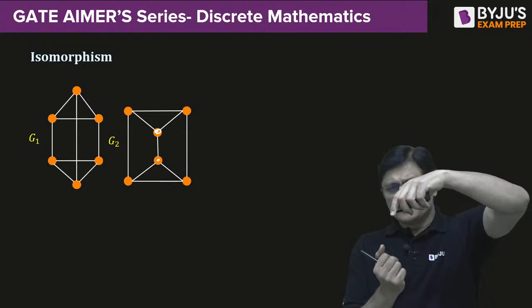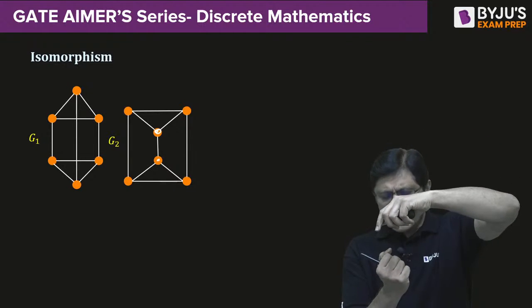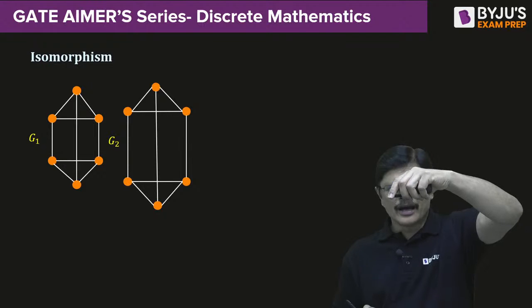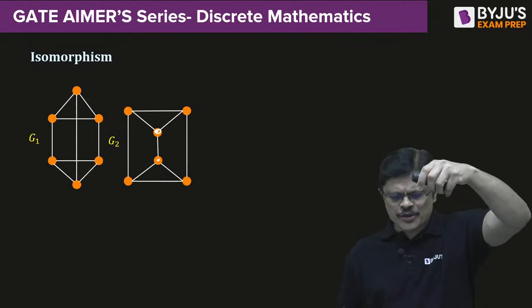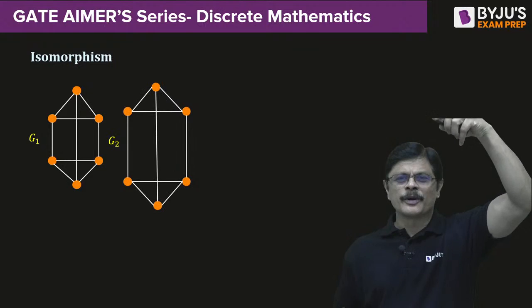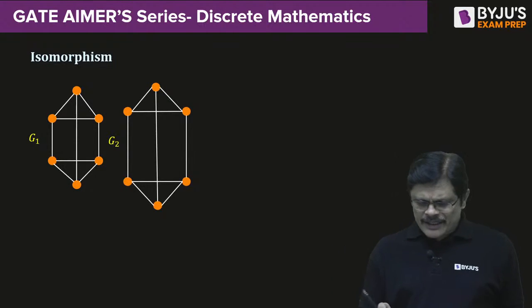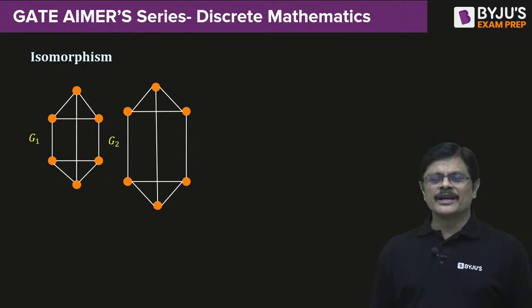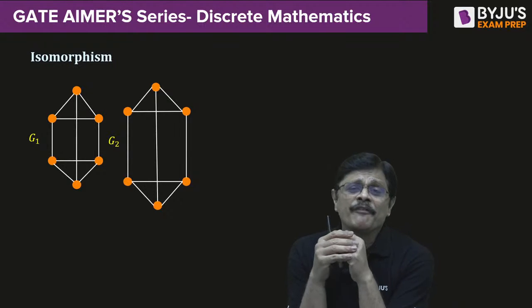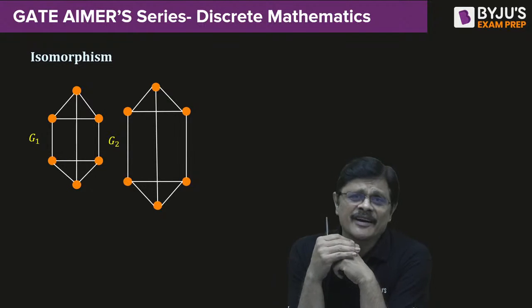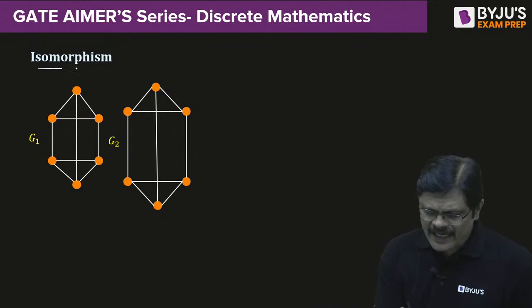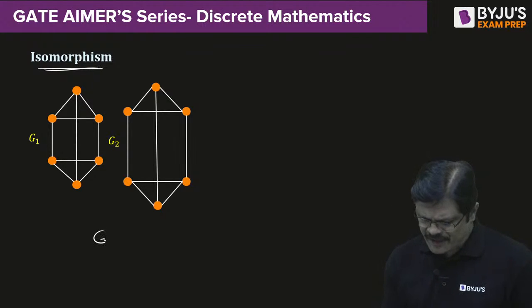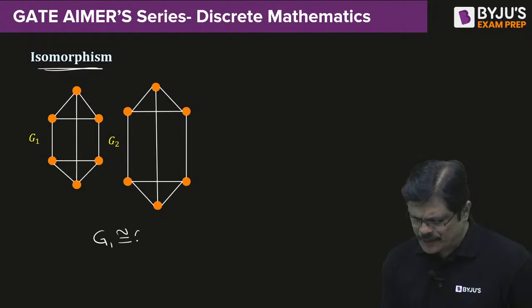You catch these 2 points and stretch them. All of you able to follow? When you do it, you get the first graph. That is, by modifying one graph, you can get the other graph. They are the same graphs drawn differently. Then we say that they are isomorphic graphs. We say that G1 is isomorphic to G2.